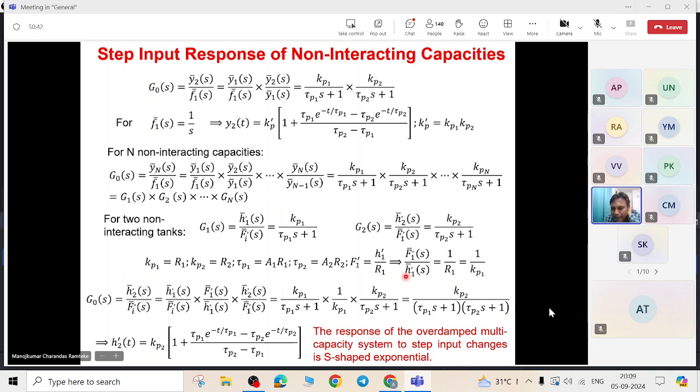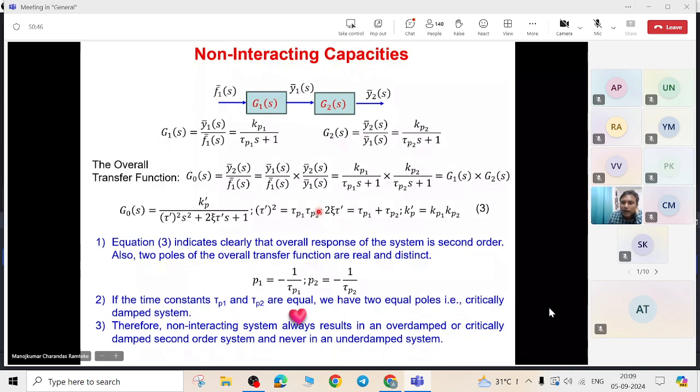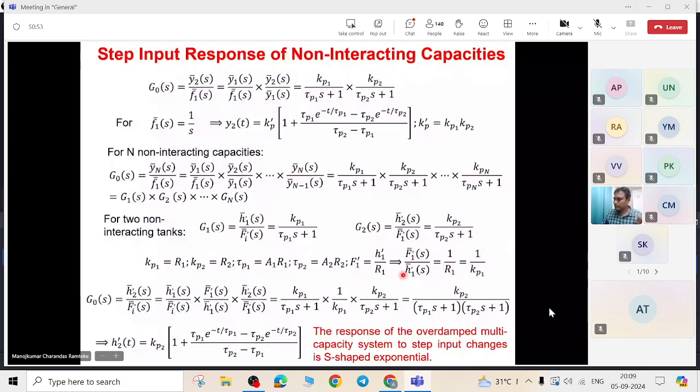So if I compare this particular expression, maybe I can go back here. If we compare this particular equation, I can write down, in terms of the expansion, what I'm going to get for a non-interacting system.